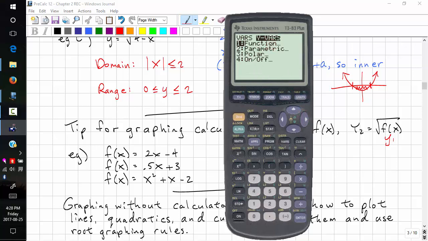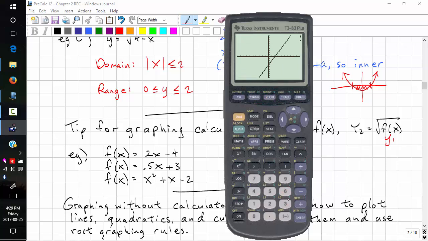I'm going to do y vars of a function, so I'm going to press enter, and then I want y1. And y1 needs a parameter, so we plug in x. Okay, and now we graph. I'm going to use the standard window, so I'm going to press zoom and 6.